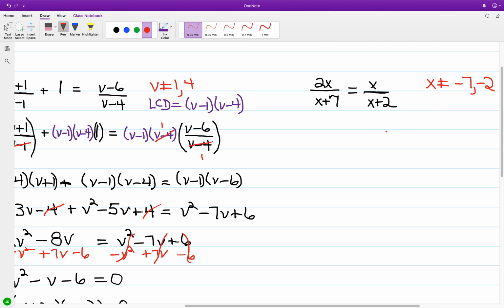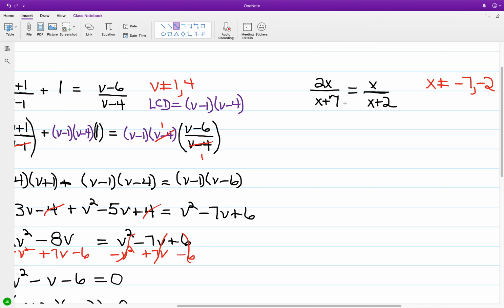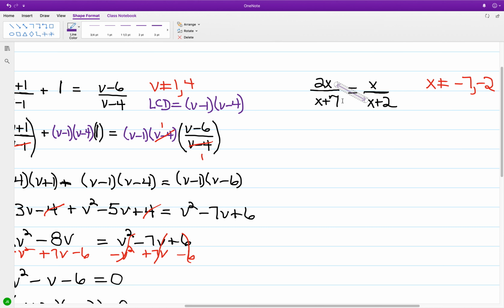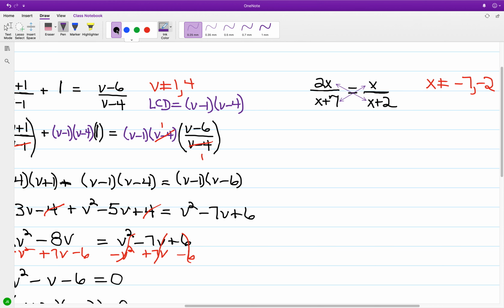And if we look at taking what we have in this proportion, if I take proportional cross products, we have in the setup, as we map together, 2x times the quantity of x plus 2 is equal to x times the quantity of x plus 7.